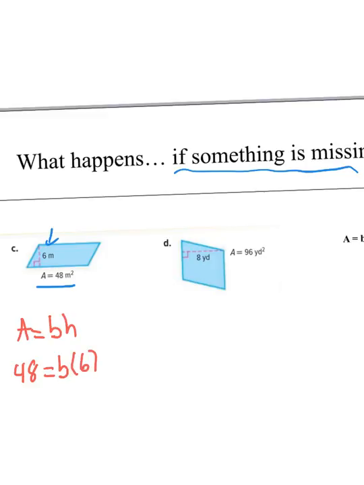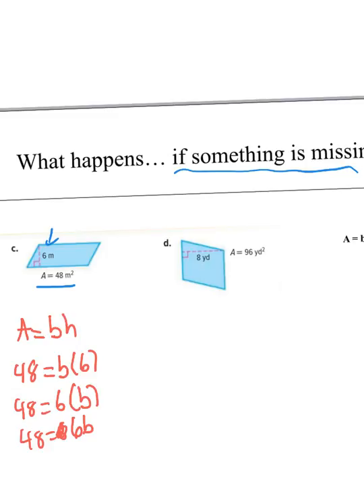How do I isolate this variable? I'm going to rewrite it so I have a coefficient next to my 6, and b's look very similar to a variable. So if I have 48 is equal to 6b, how do I get that b by itself?